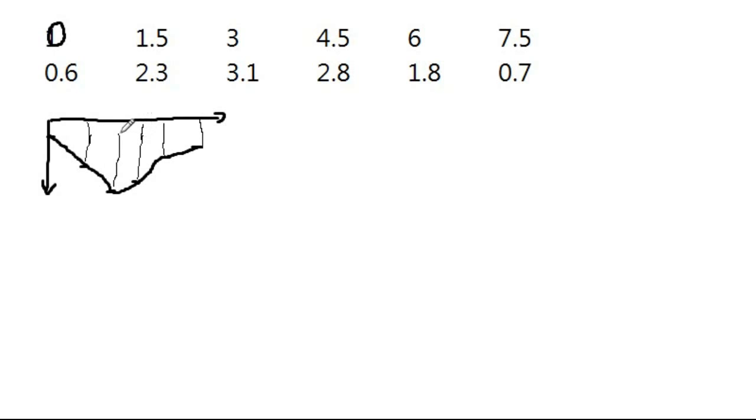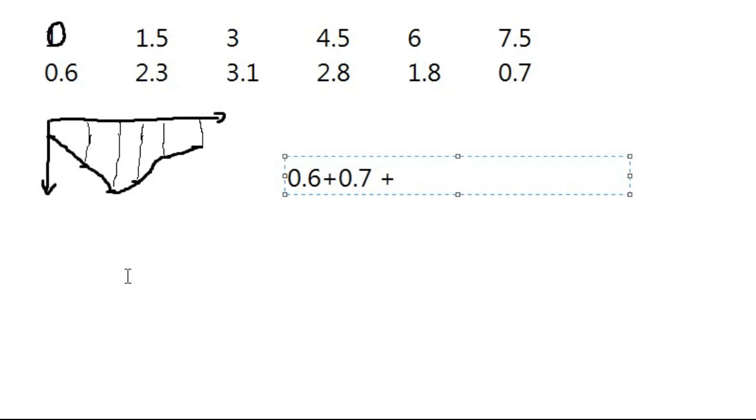And there is a universal trapezium rule equation, which is the first value on the left, 0.6, plus the last value on the right, 0.7.